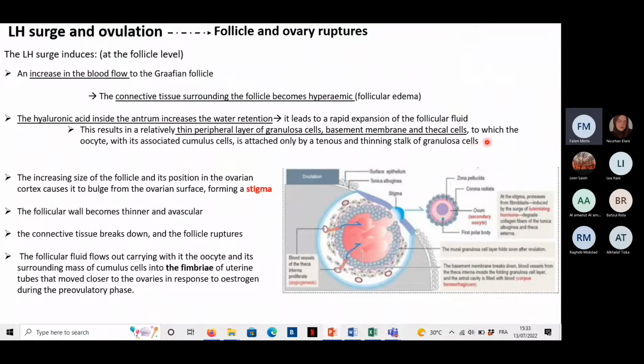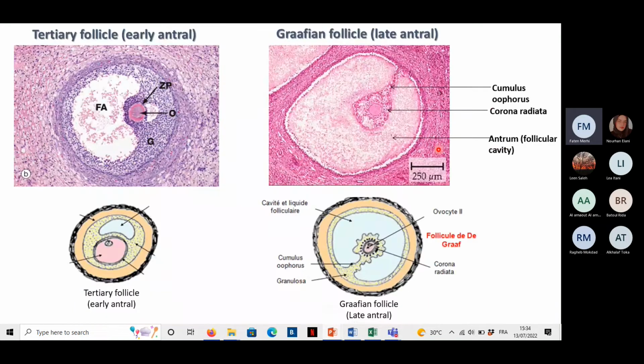So we will have the oocyte with its surrounding corona radiata cells attached to the mural granulosa cells and connected with the basement membrane and the theca by this thin stalk of the cumulus oophorus. Okay.